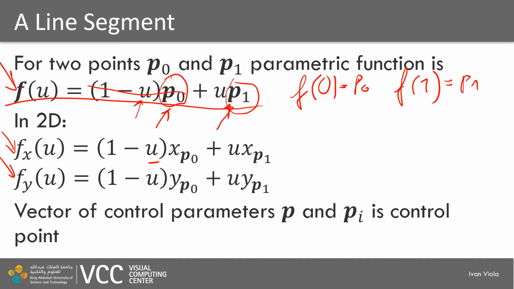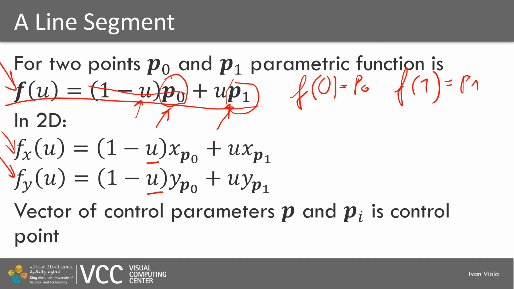The u is connecting these components. So for one value of u, you will have a pair or a triple or more, for more dimensional spaces in which the curve exists, representations or coordinates of the points along the curve.